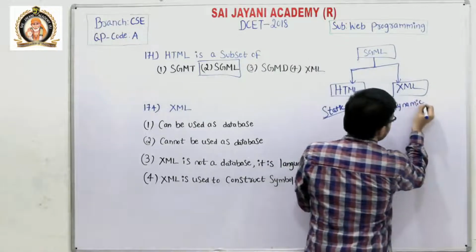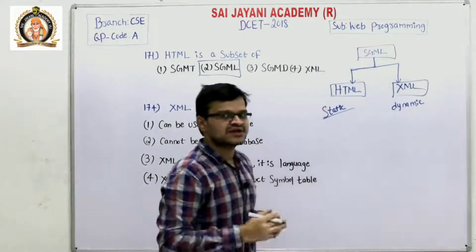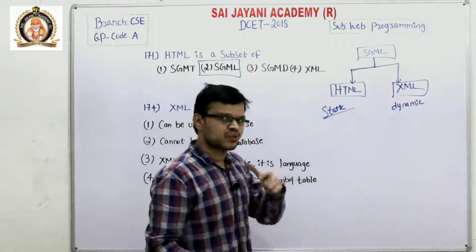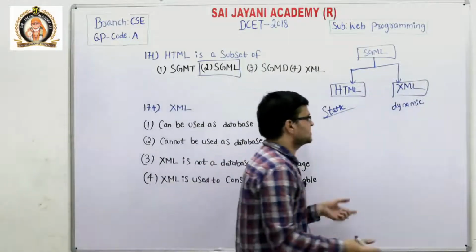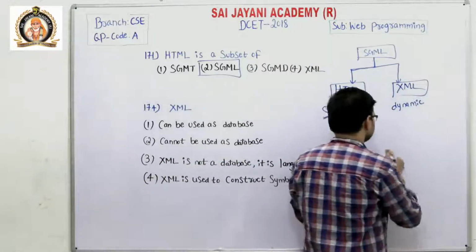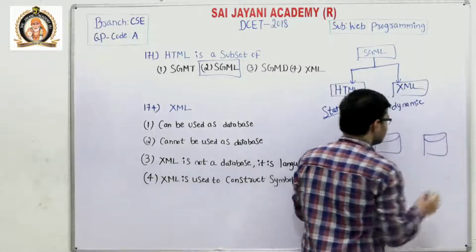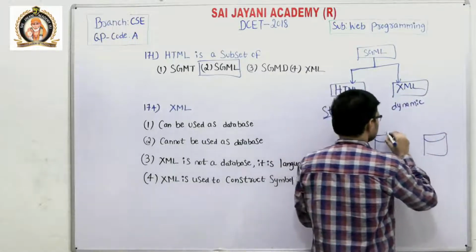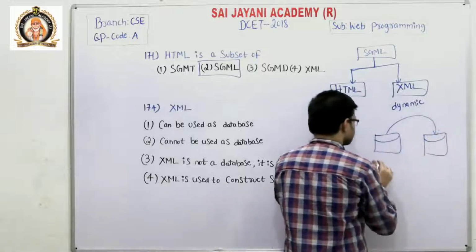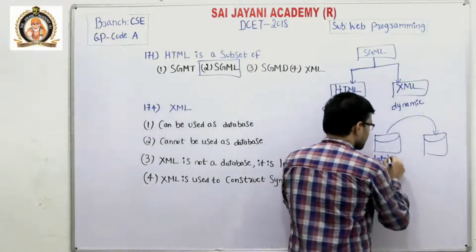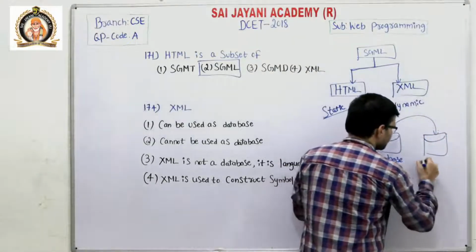Why? Because it is mainly used to transport the data from one database to another database. This language is mainly used for data transport from one memory location to another memory location, or we can say one database to another database.